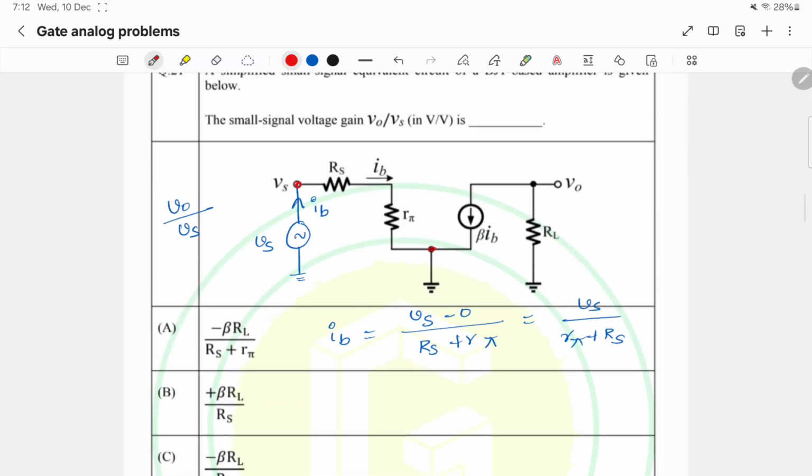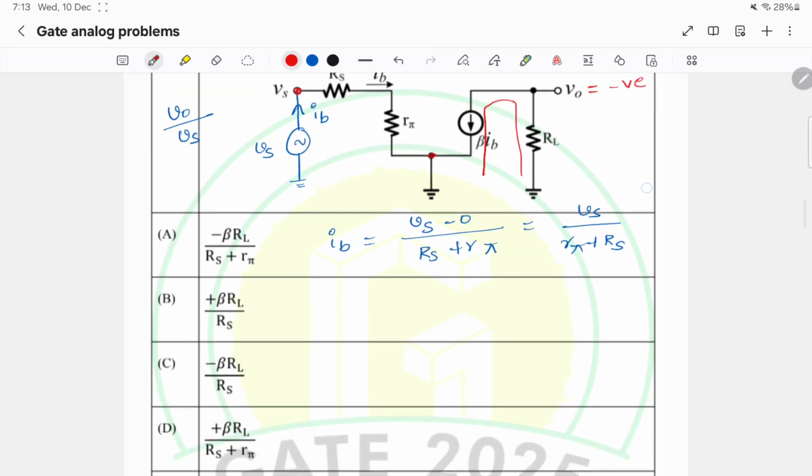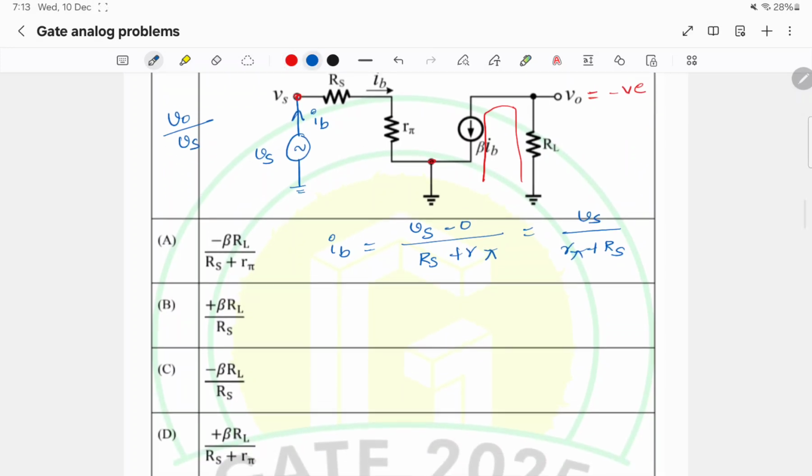Similarly, in this case, the current is flowing from ground to V0 in this direction, so the V0 potential has to be negative. It has to be less than the ground potential. So V0 will be minus beta IB times RL.